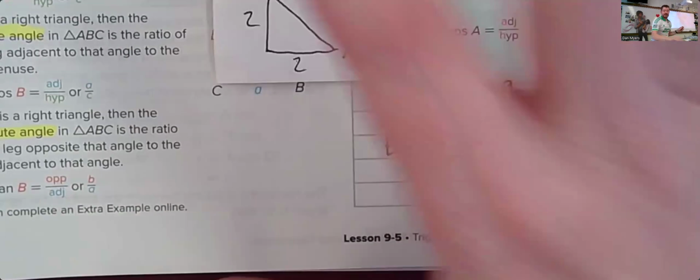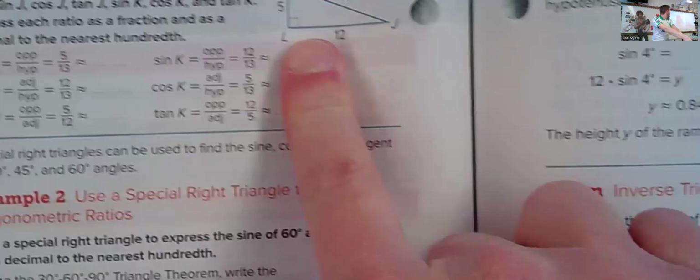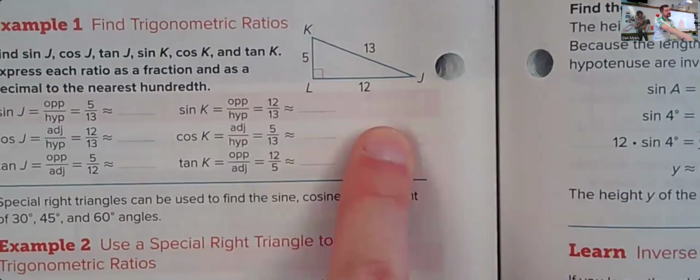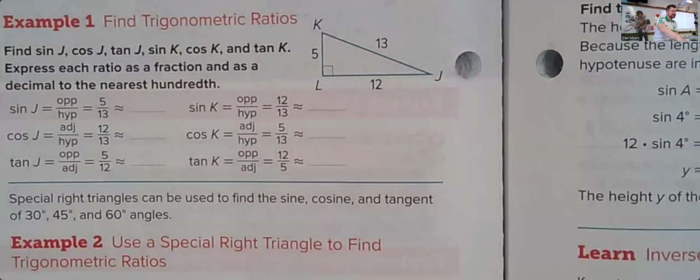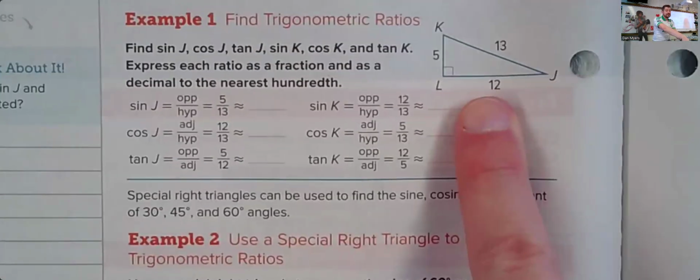All right, let's do some math with it now. So now that you have a basic understanding of what sine, cosine, and tangent mean, we're going to do some identification. We'll start off with a nice Pythagorean triple, a 5, 12, 13 right triangle. 5 squared plus 12 squared equals 13 squared. So we can use whole numbers to start off with. This is not a 30, 60, 90.